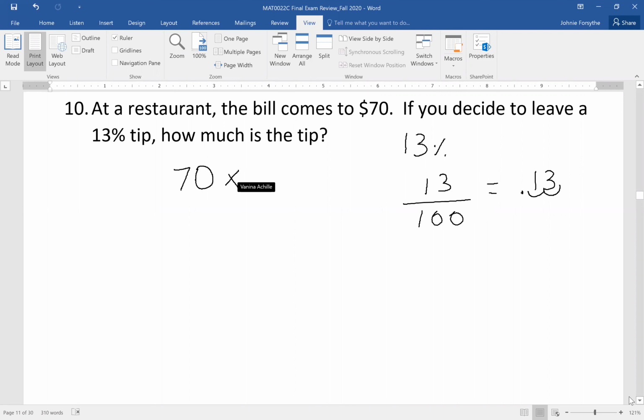Times that by the bill, and that would be, let's see, $9.10. So if you go to a restaurant and you pay about $70 and you want to leave a 13% tip, you're going to leave about $9.10.